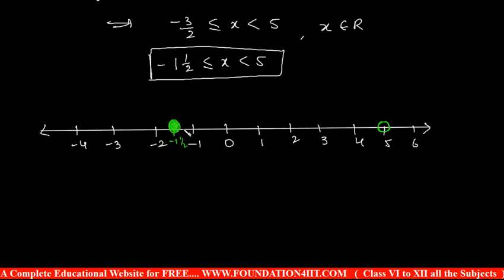All the points between them are on the number line, so we can make it simple by drawing a dark line. That means the solution lies between minus 1 and a half and 5, where 5 is not included but minus 1 and a half is included. This is the solution set.